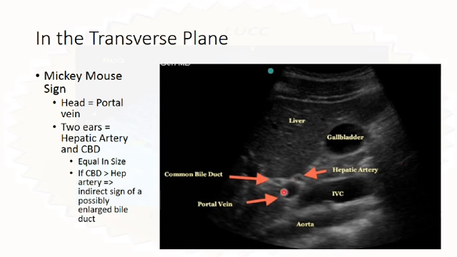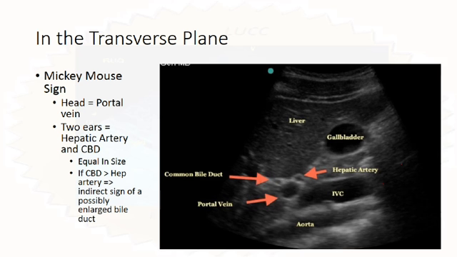So the portal vein forms the head of the Mickey Mouse, the face of the Mickey Mouse, and the two ears of the Mickey Mouse are formed by the hepatic artery on the left and the common bile duct on the right. And a useful rule of thumb, which is just an approximate thing, is that the two ears must be approximately equal in size, and if the common bile duct is bigger than the hepatic artery, that is an indirect sign of biliary dilation.